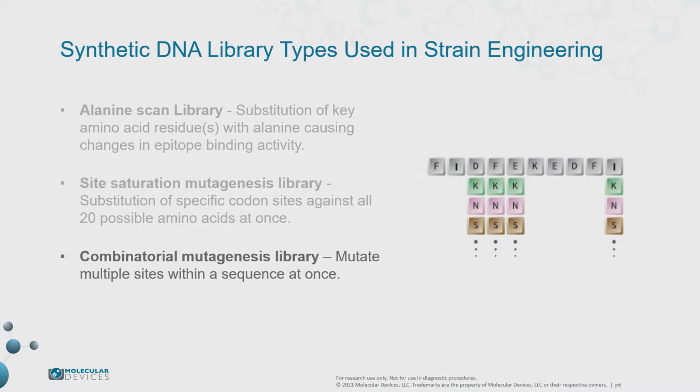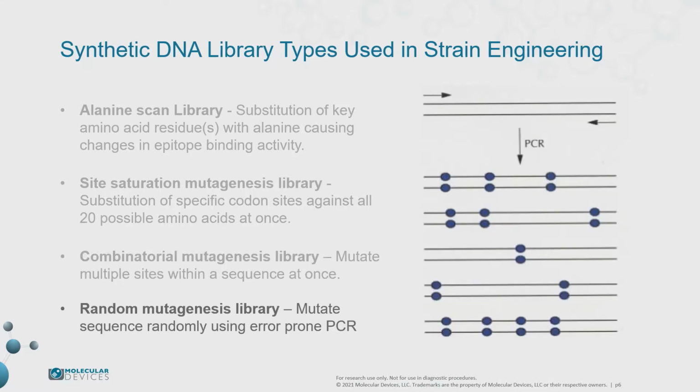We also have the combinatorial mutagenesis library, where multiple sites are mutated within a sequence at once. And for a more directed evolutionary process, we have error-prone PCR, which can be used to drive random mutagenesis to generate a de novo evolved protein with improved folding, stability, solubility, and ligand binding activity.